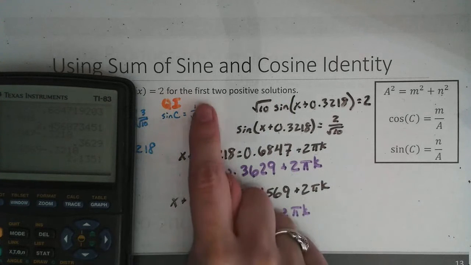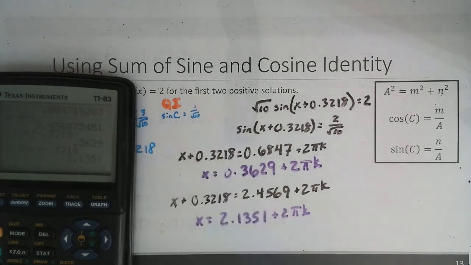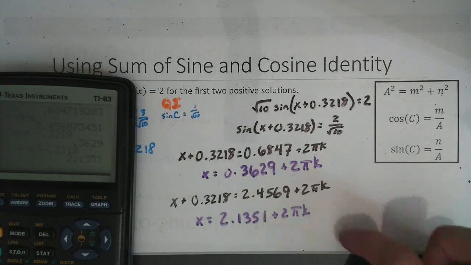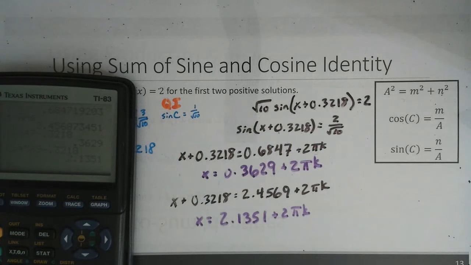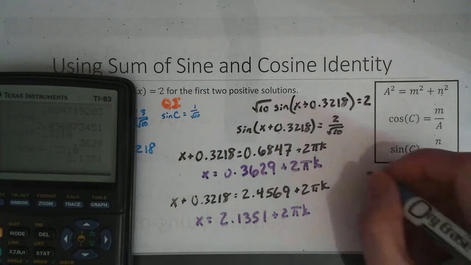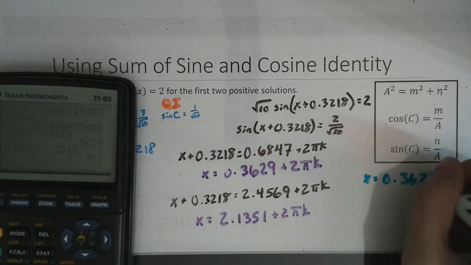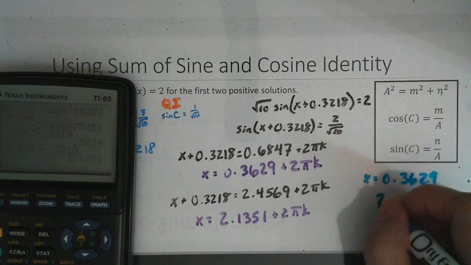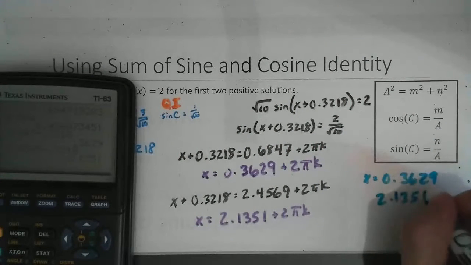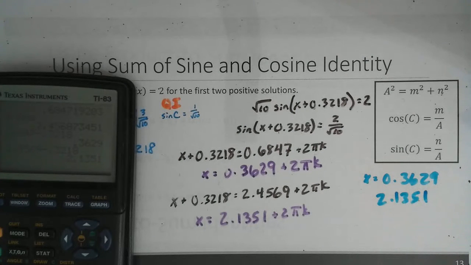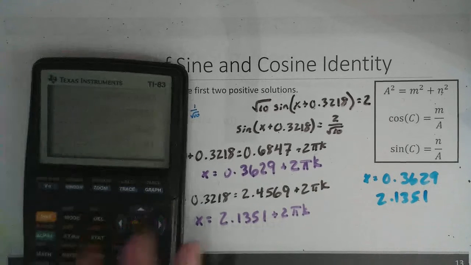Now it asked for the first 2 positive solutions. If I let k equal 0, I get 2 solutions. I get x is equal to 0.3629, and I get x is equal to 2.1351. If I wanted more solutions, I would plug in k equals 1.